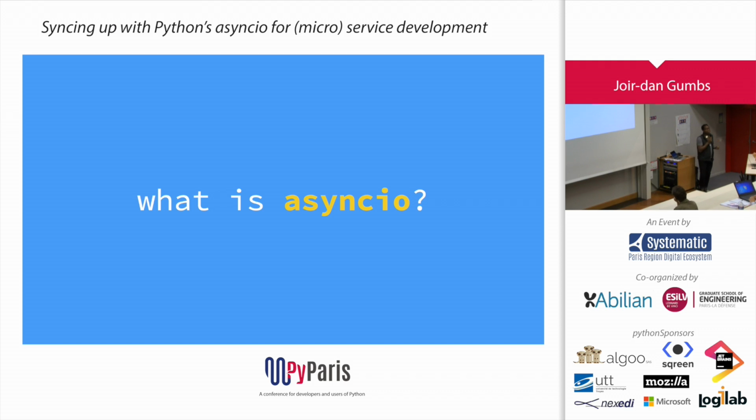What is Async.io? Async.io is a Python native concurrency framework in order to build concurrent applications. I use concurrent twice because it's kind of what it does. The idea is that with Async.io, you have a series of tasks that you want to execute simultaneously, with lots of quotation marks.